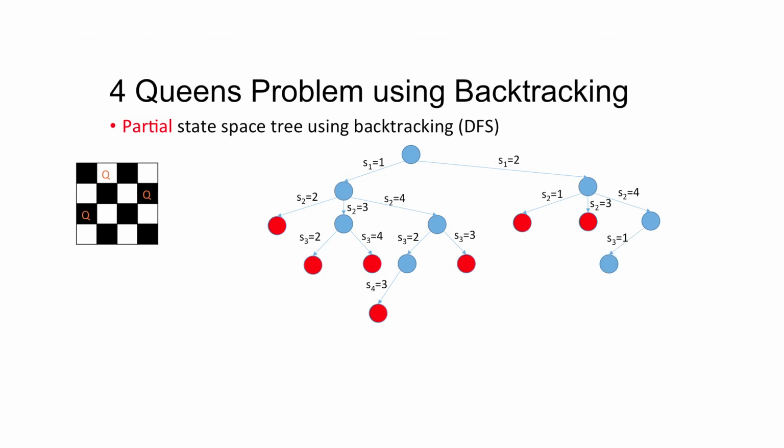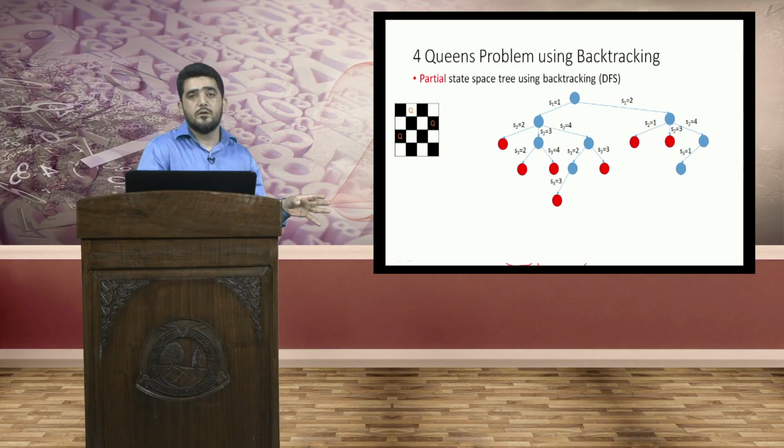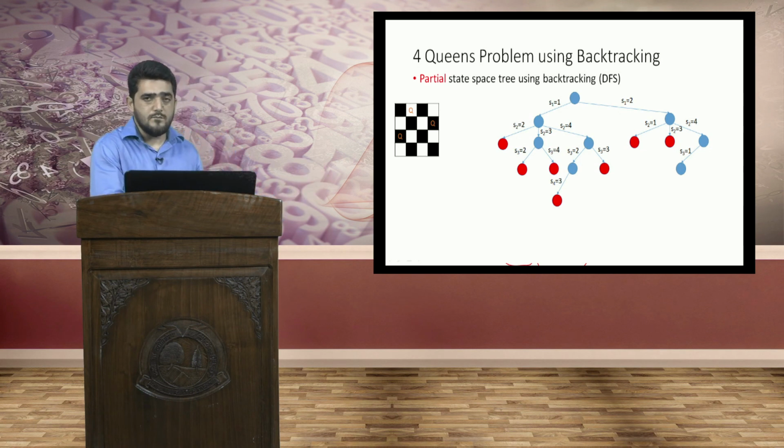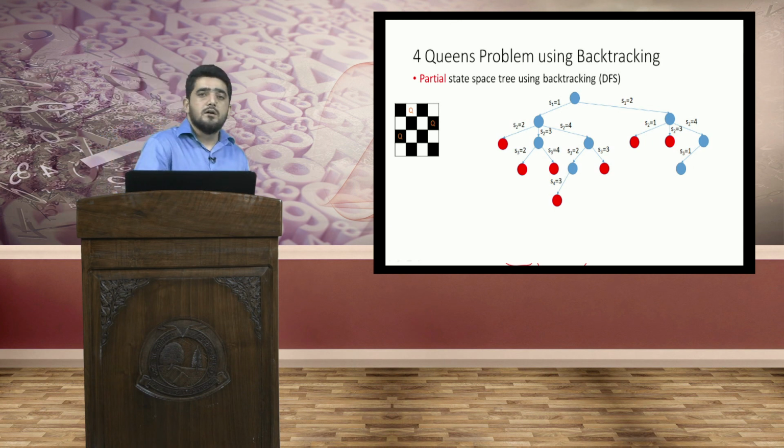For the third queen, the first free column is the first one. So we select this particular column and place the queen there, and then by bound testing we find that none of the queens placed so far are attacking. And we finally proceed exploring this path.